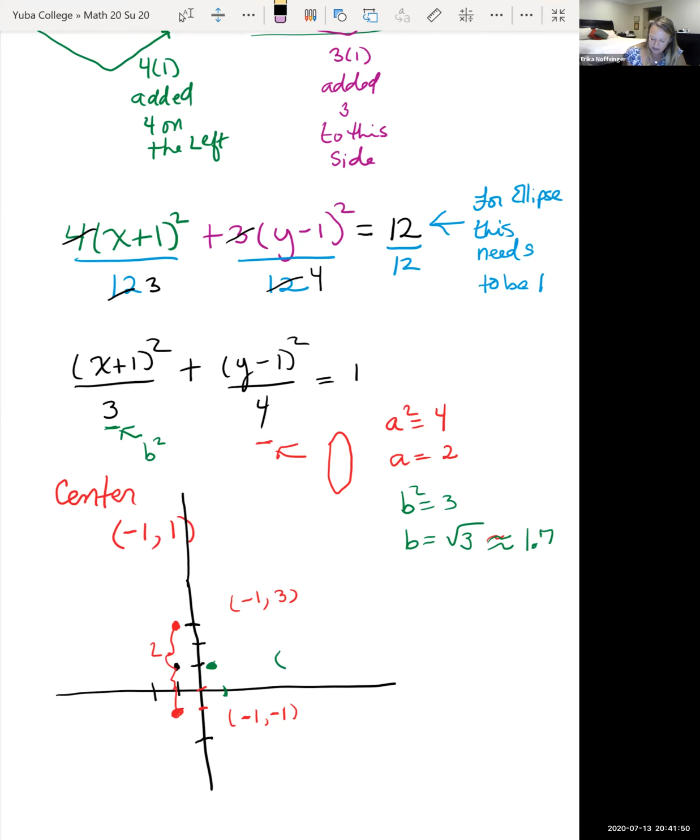And I can do this as, let's write it as -1 plus √3, comma, and then my y value is the same, which was 1. So if I subtract 1.7, so this would have been -1 minus √3, comma, 1. And then just draw our ellipse.